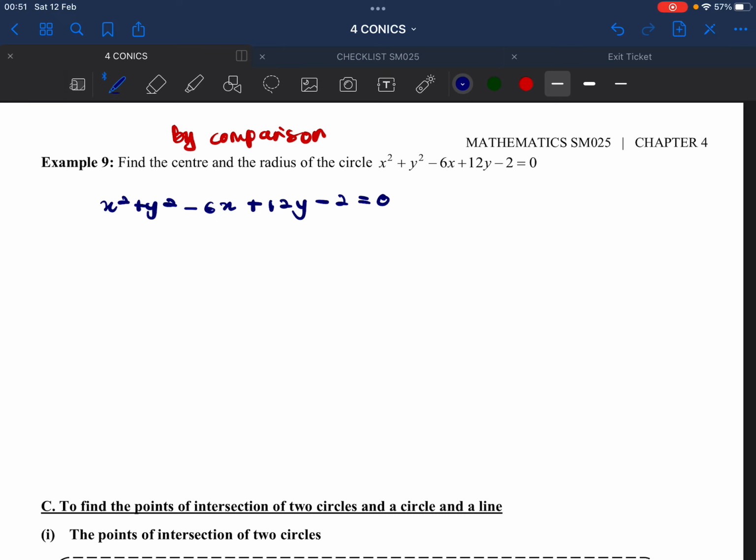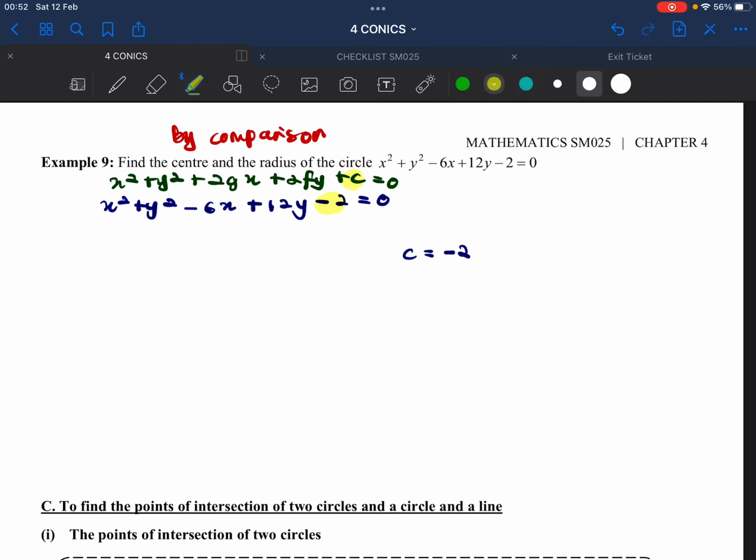We are going to compare the circle given to us with the general equation x squared plus y squared plus 2gx plus 2fy plus c equals 0. As you can see, we automatically have c equals negative 2.